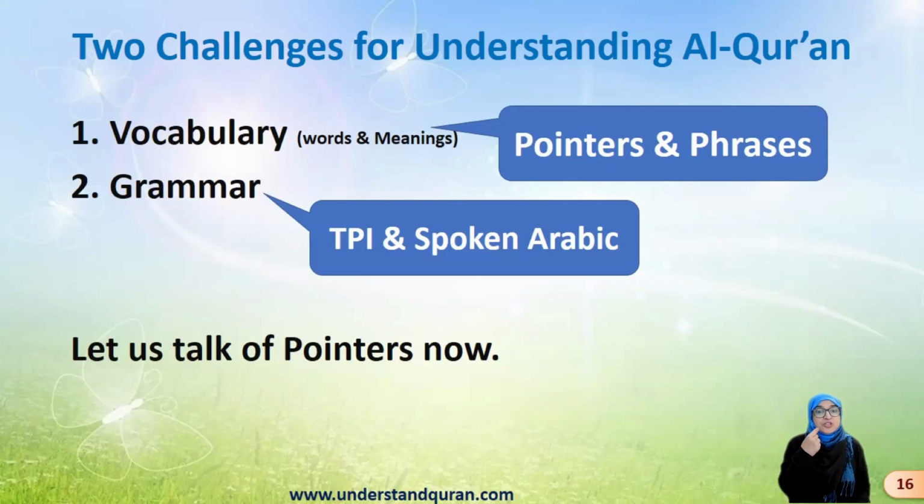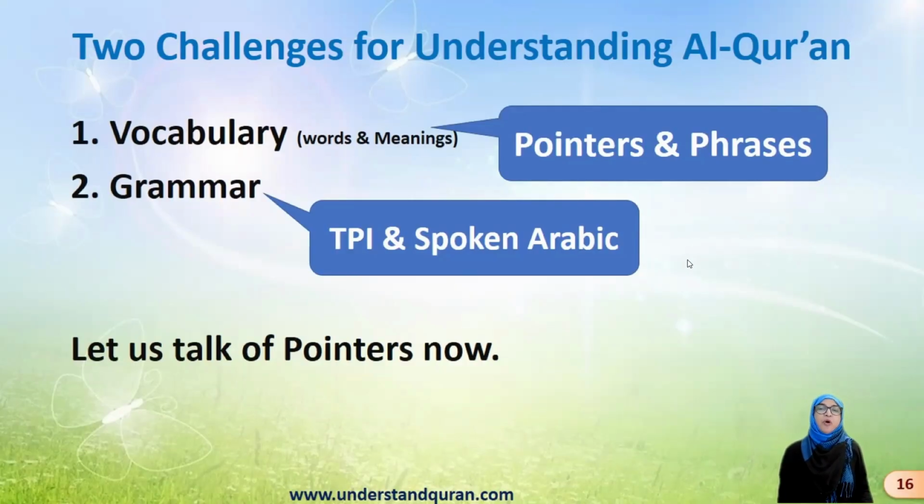So you're going to learn spoken Arabic plus the total physical interaction. These are the 2 parts of learning Quran. And if you know these 2 well, it's a piece of cake to read Quran just like you read any language, like English or any language which you love.